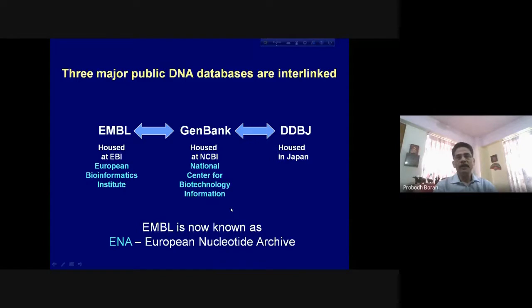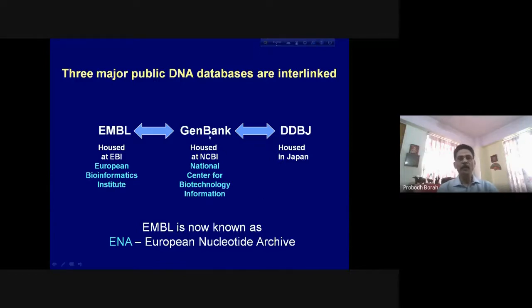Now, these three databases are not standing alone now. So, realizing the importance of having the linkage between these three databases, they have been interlinked, and therefore now a particular biological worker can obtain the information from across these three databases while entering to one of them.